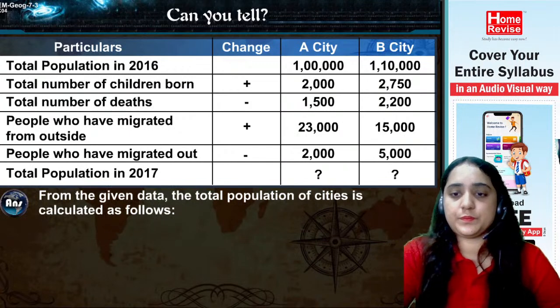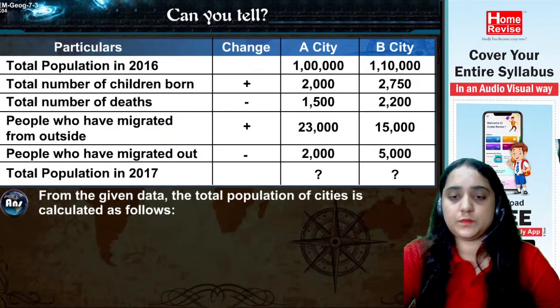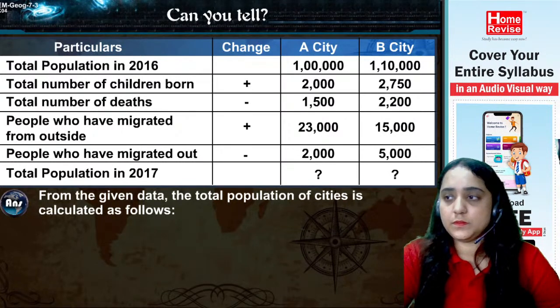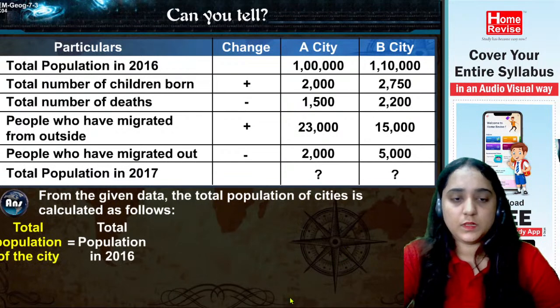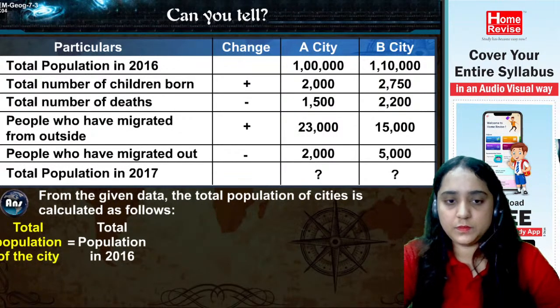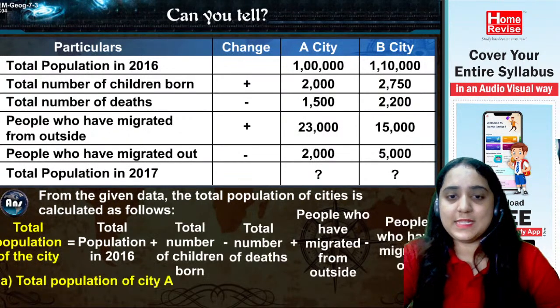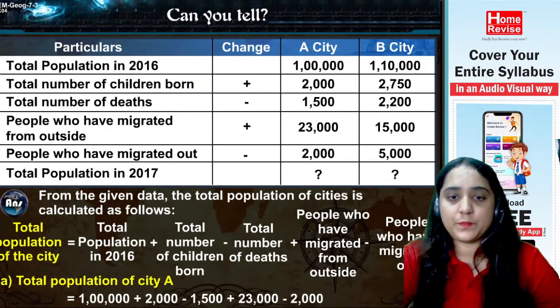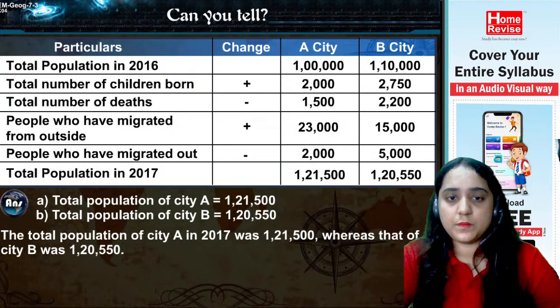From the given data, the total population of the cities is calculated as follows. So let's see how they have calculated. Okay, so here is the answer.